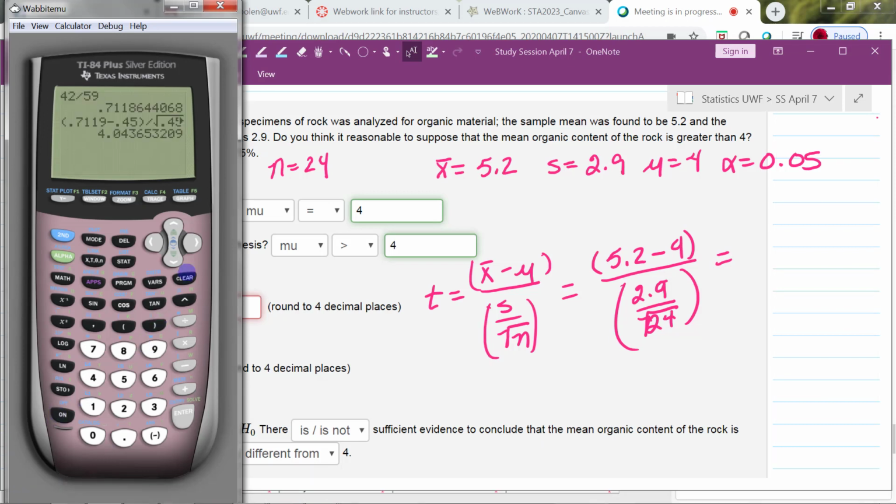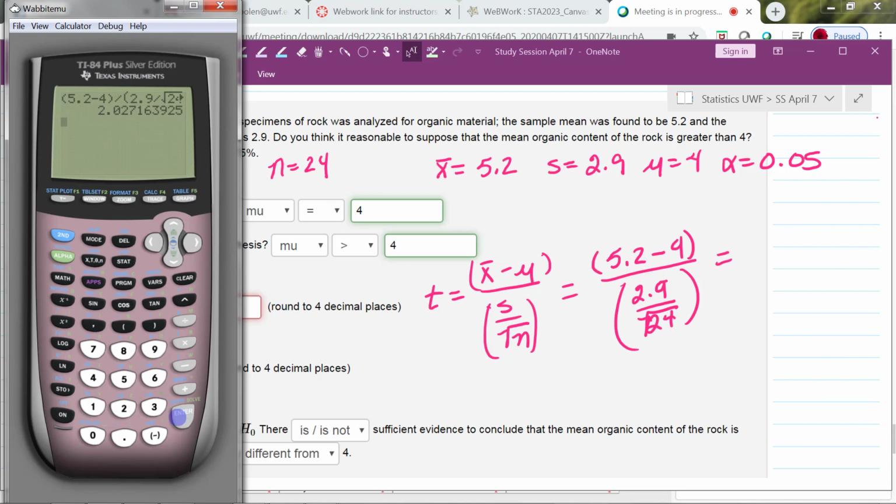Turn it on, clear it out, and we go parentheses 5.2 minus 4, parentheses, divided by open parentheses, always for this part down here, or you'll get the wrong answer. 2.9 divided by the square root of 24. This part you have to come out underneath and then close like that, and hit enter.